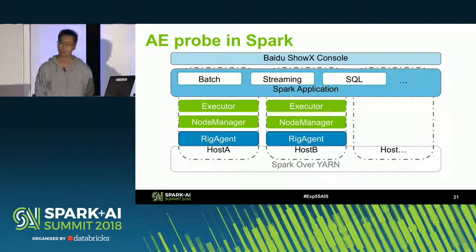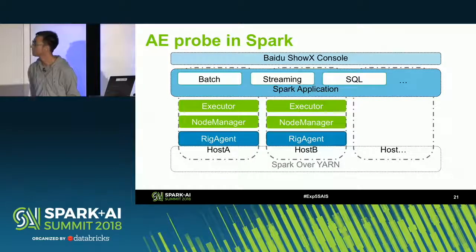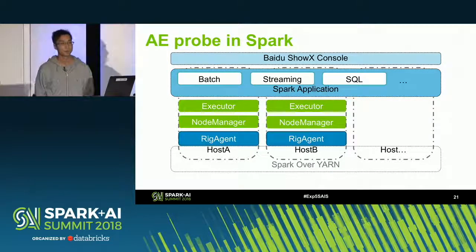Actually, we do this based on the metric system of the in-house Baidu Spark cluster. In these slides, you may find there is a module called rig agent, and it's responsible for aggregating and collecting the metrics from not only Spark, but also other distributed computing systems.